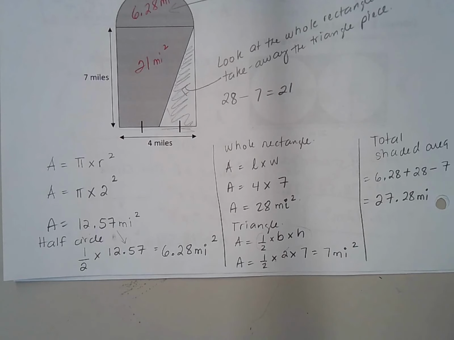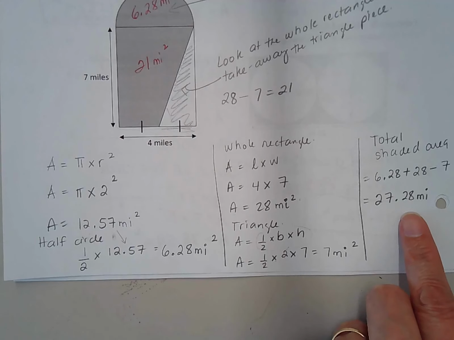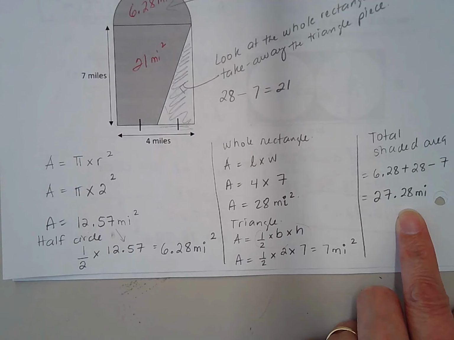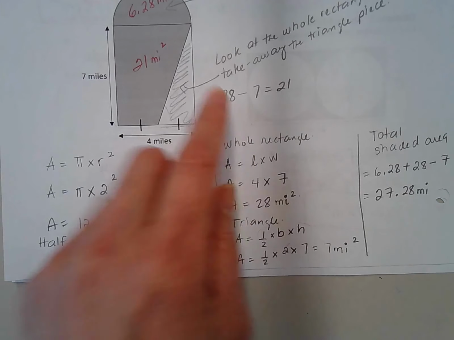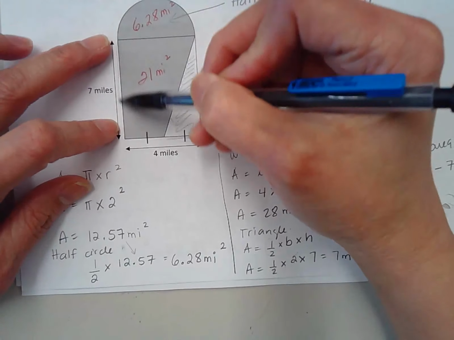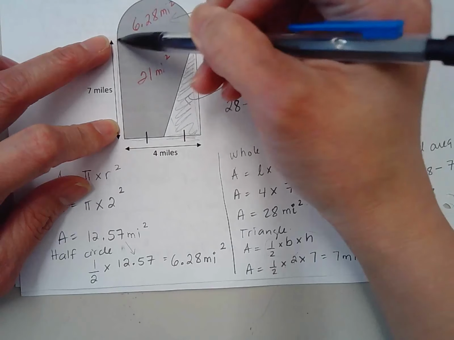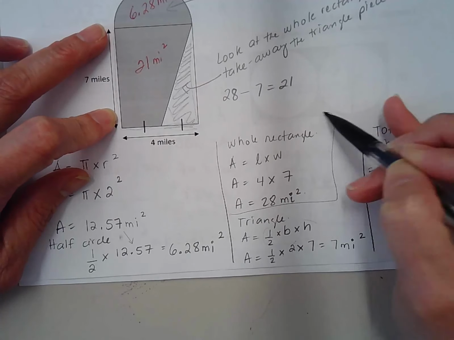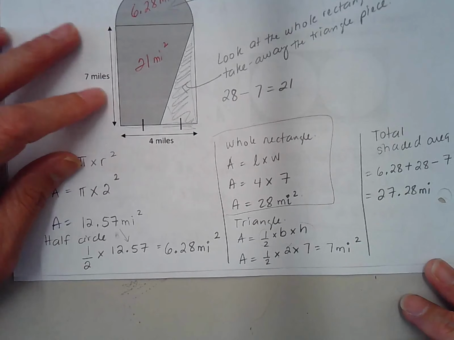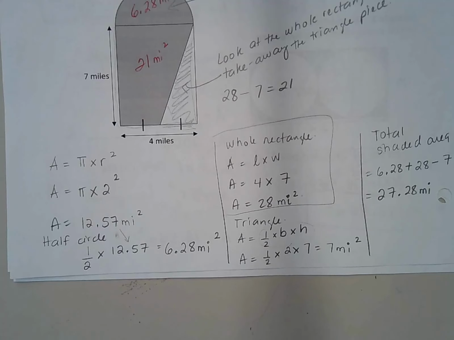Where is 20? 28 minus 7. Which one's 28? The 28 is this whole rectangle. When we write length times width, does it make any difference if we change the order?